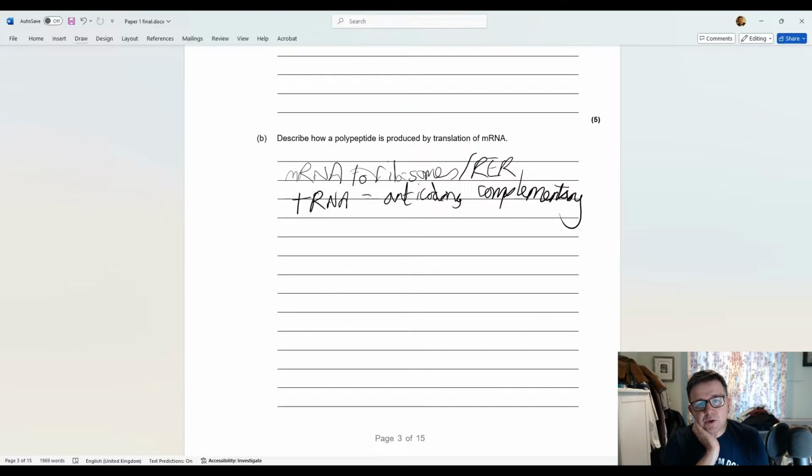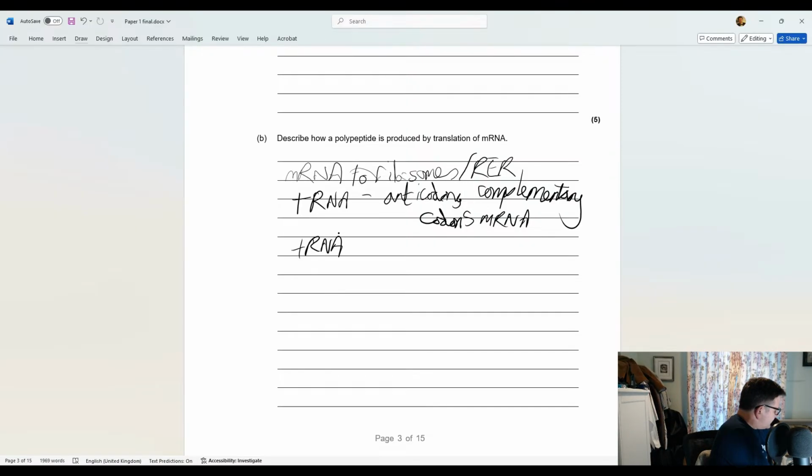So anticodons are complementary to codons on the mRNA. And you need to mention the tRNA brings the specific amino acids.